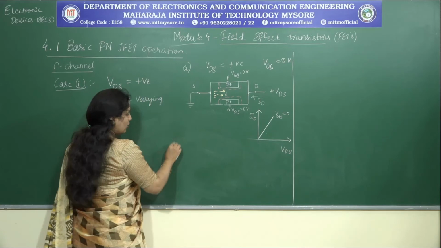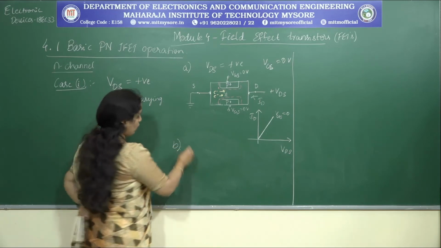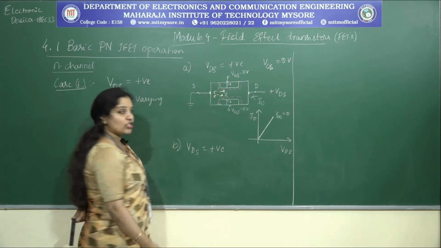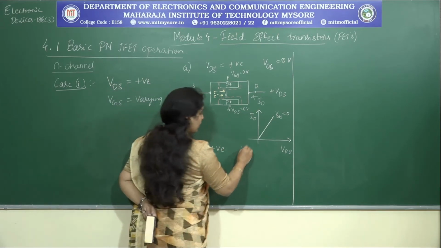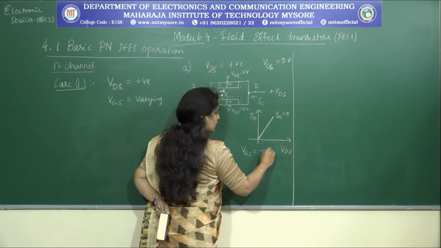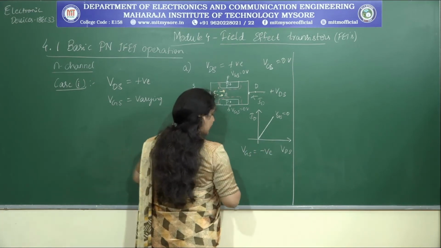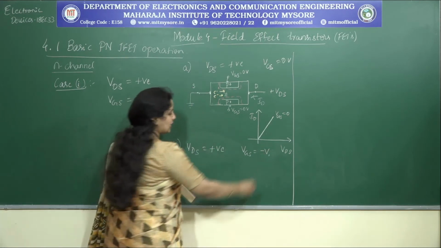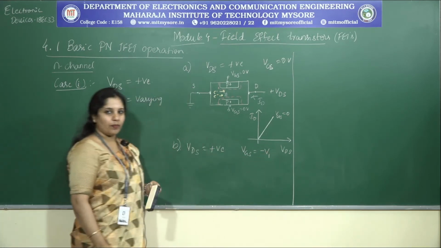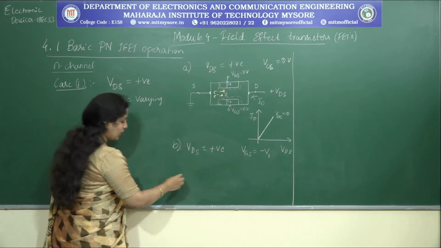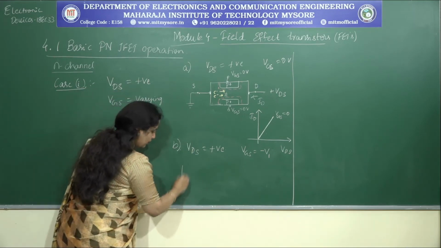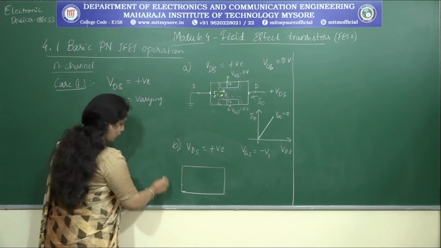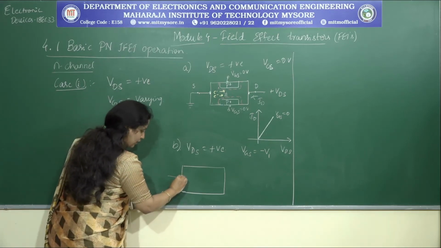Now let me consider the next scenario wherein my VDS is still the same positive voltage, but what happens to the VGS? I'll provide a certain negative voltage, and let that negative voltage be represented as minus V1. Now when I do that, let me represent the cross-sectional view of the MOSFET.